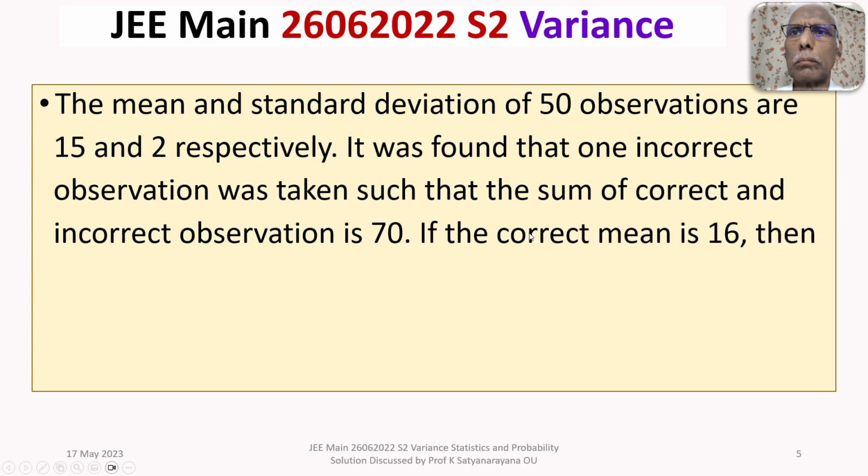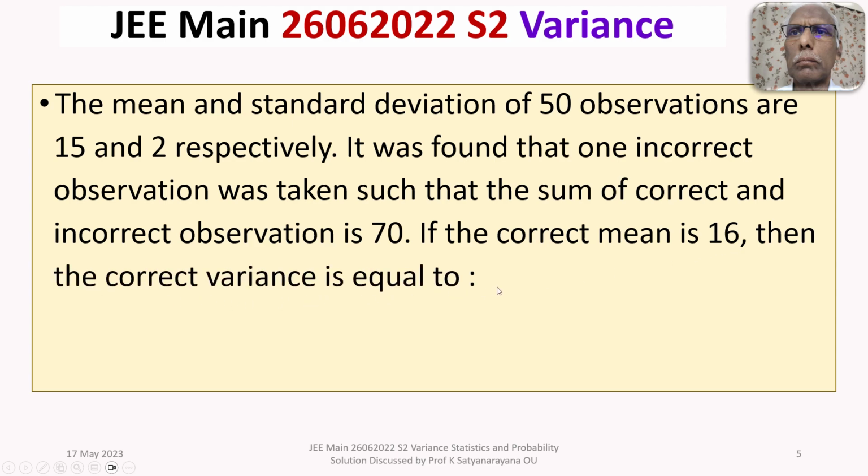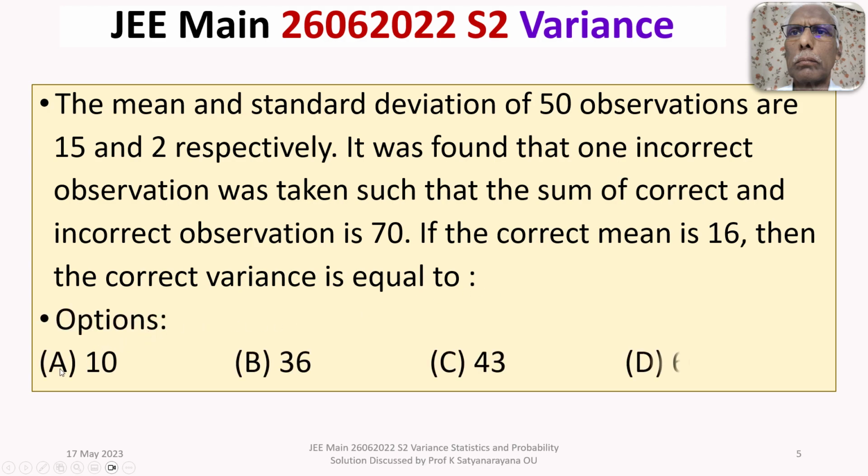If the correct mean is 16, then the correct variance is equal to, we are given 4 options. Option A 10, option B 36, option C 43, option D 60.